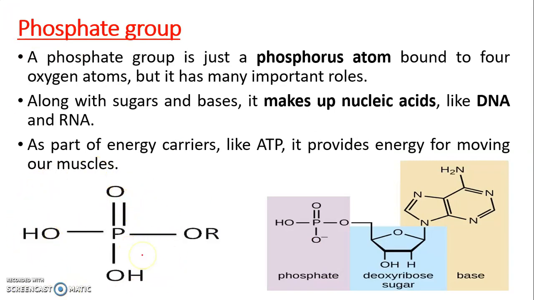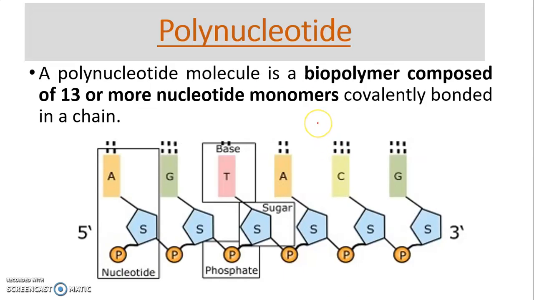The phosphate group has four oxygen atoms, and these four oxygen atoms play a very important role in DNA. The phosphate is connected with the deoxyribose sugar as well as the nitrogen base, and is used for making nucleic acids like DNA as well as RNA. It is also used for the synthesis of ATP, and ATP is a very good molecule for the development of energy for our body.